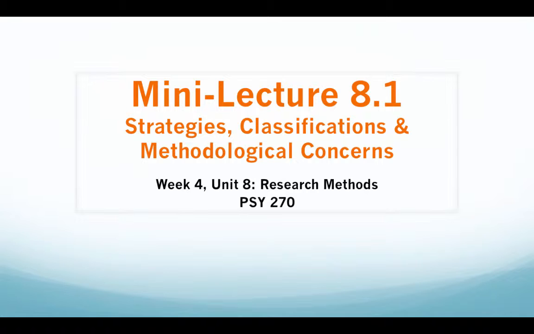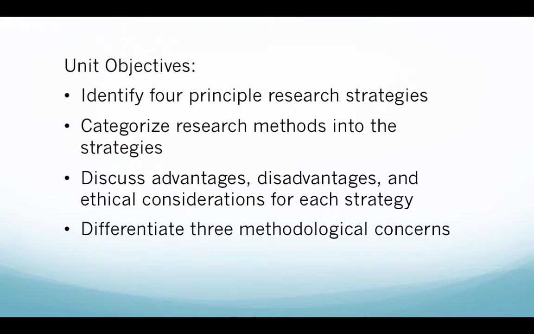Finally, you are going to explore websites on evidence-based projects associated with your topic of interest. By the end of this unit on research methods, you should be able to identify the four principal research strategies and categorize different research methods into these strategies.